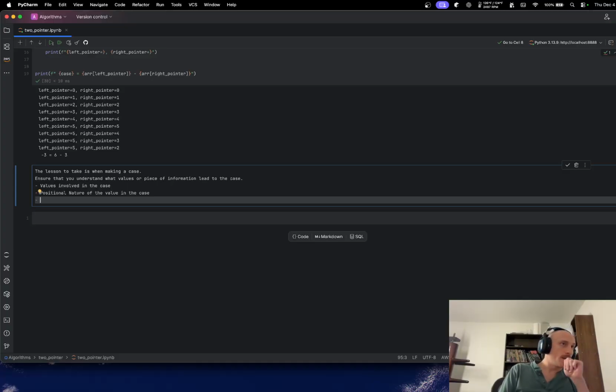So, and in what circumstances, or when does the case, or I want to say limit. Here we go. Limits of the values, limits to find the values to solve the case, which is a fancy way of saying constraints.